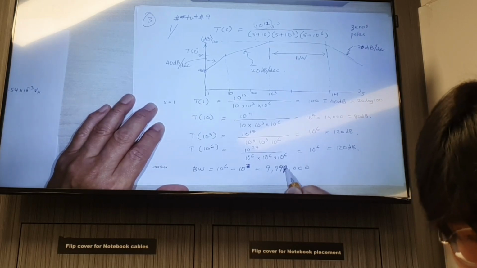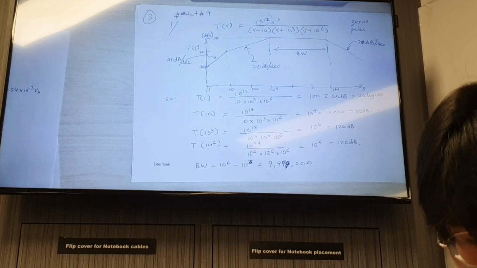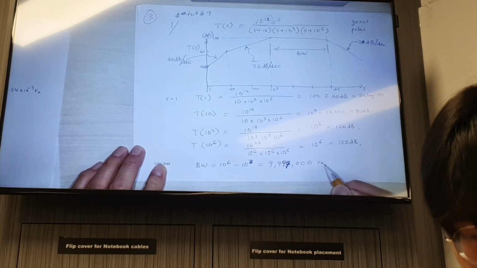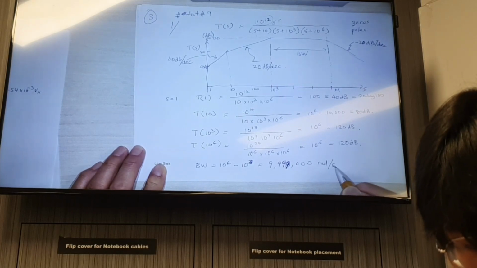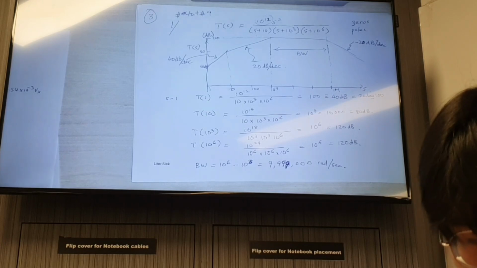What am I doing? Okay, so that's the bandwidth. So the bandwidth would be so much, in radian per second, because when we look at S, S is equivalent to omega, all right? So therefore it's in radian per second. So this is your bandwidth.